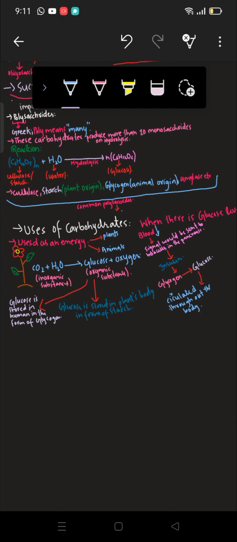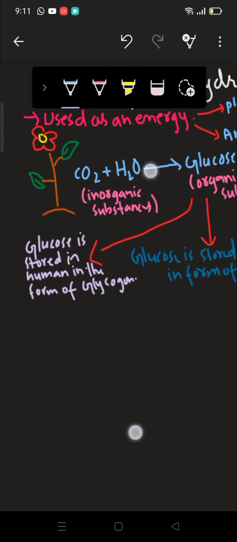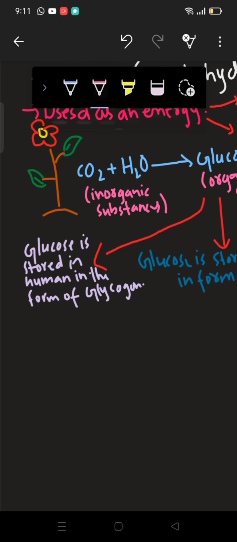So this leads us to the second use of carbohydrates, which is that it keeps our blood sugar level in check.